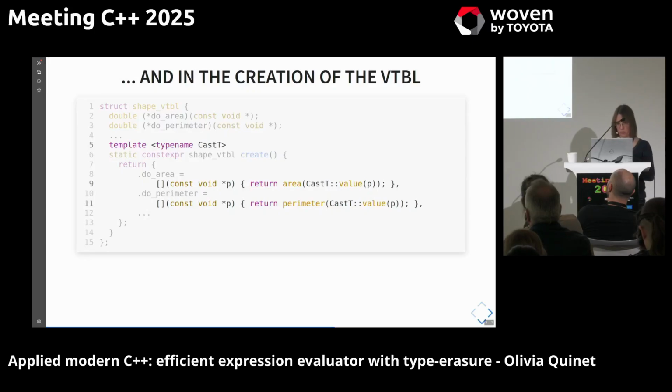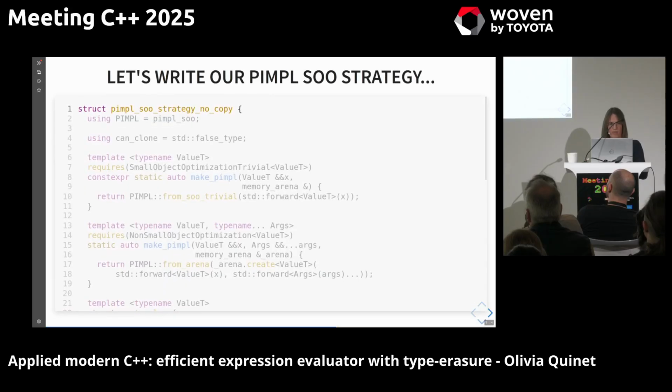So we need to do some magic there. We can write our own pimple small object strategy. I call it pimple SSO strategy no copy, because we don't want to make copies of nodes. There is no point in the parser making a copy of a node once it's created. We will have no copy, but we want to move it, of course.